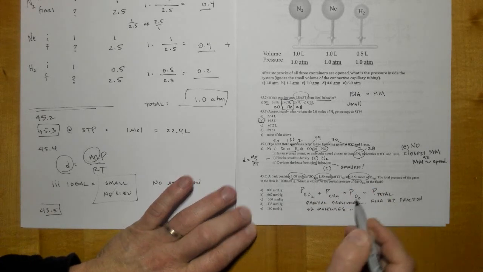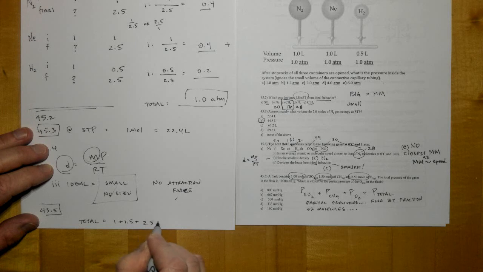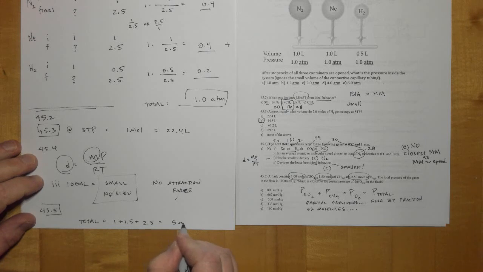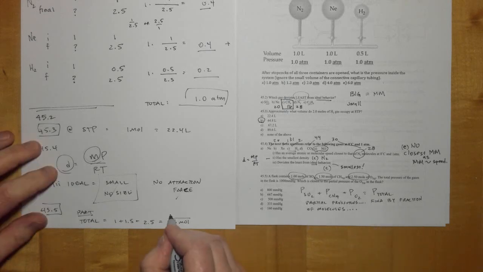So we have a total of 1 plus 1.5 plus 2.5, which is 5 total moles. If we're going to do part divided by whole, then our part would be the part we're interested in, which would be O2, and O2 has 2.5 moles.